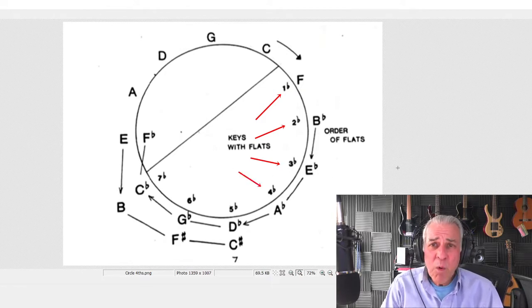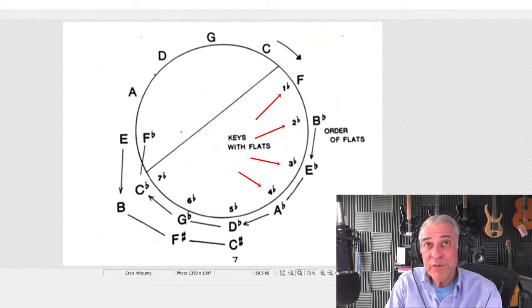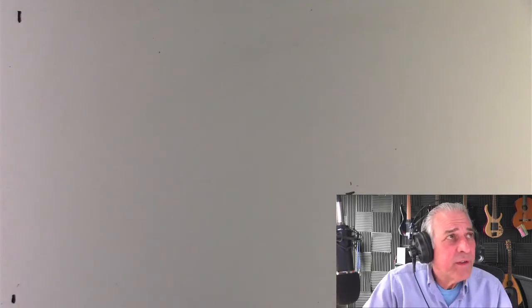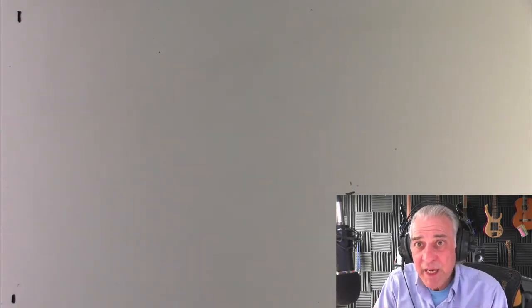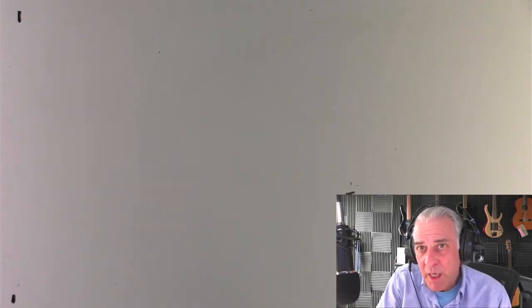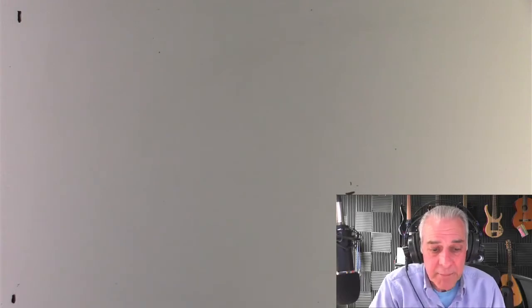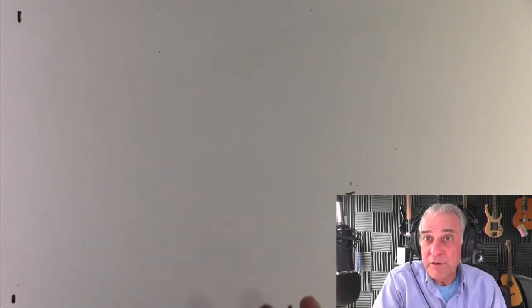So now let me go over what a tetrachord is and how it works with the circle of fourths and fifths. A tetrachord divides a major scale up into 2 parts, a lower tetrachord and an upper tetrachord. I'm going to do it in the key of C to make things simple.